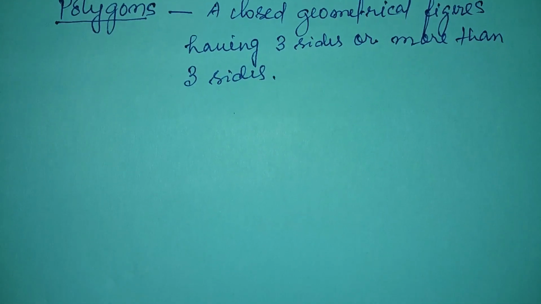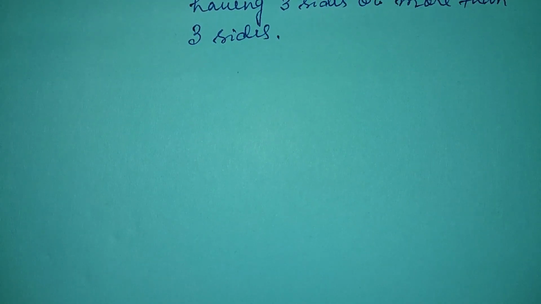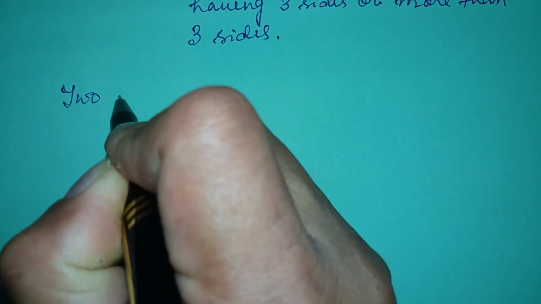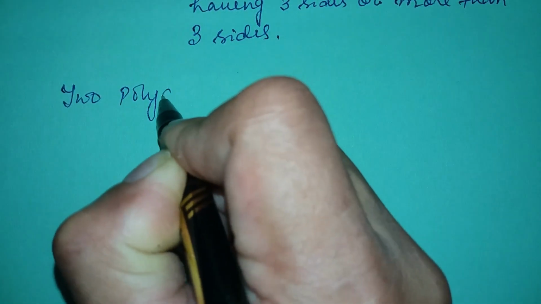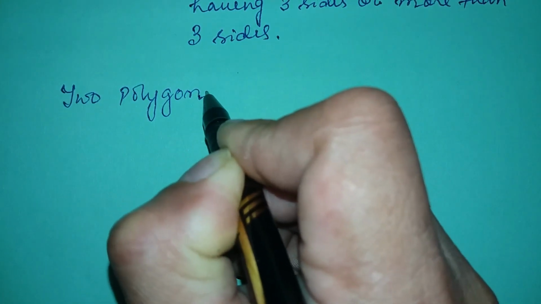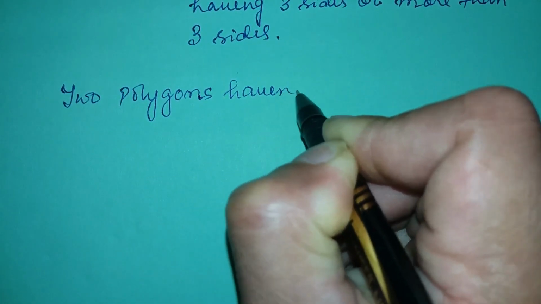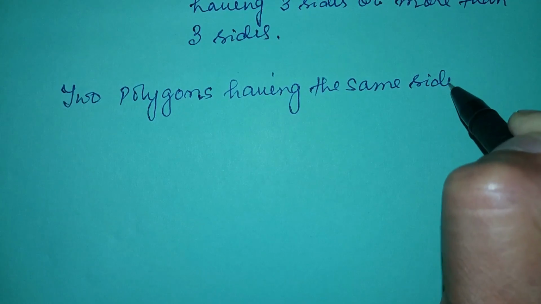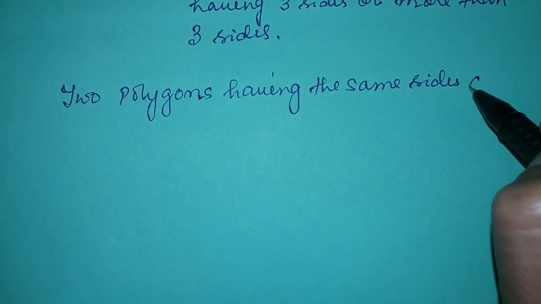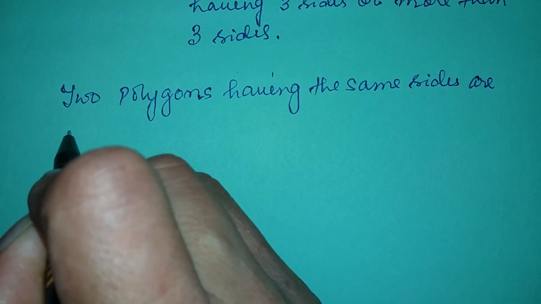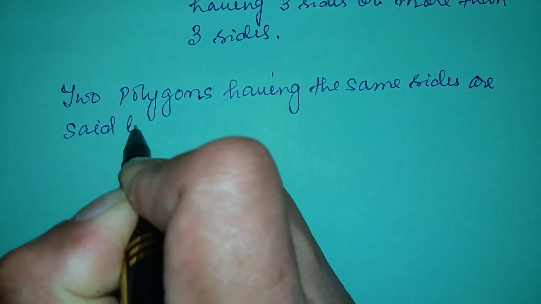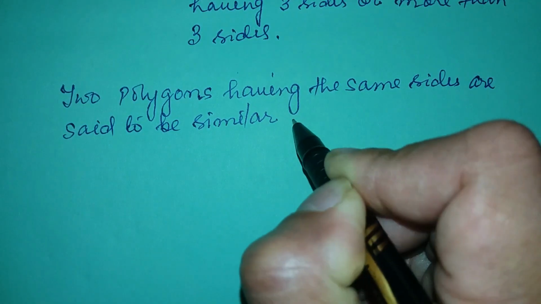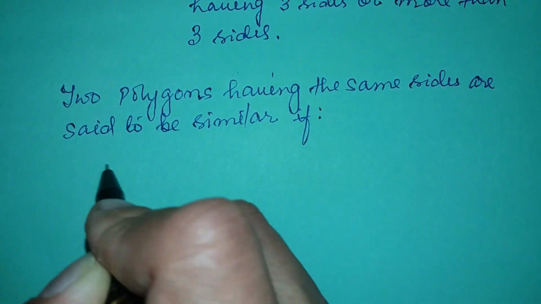Now for two polygons to be similar, there are two conditions. Two polygons having the same number of sides are said to be similar if we have two conditions here.